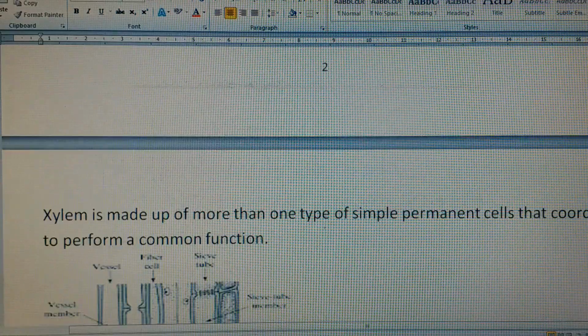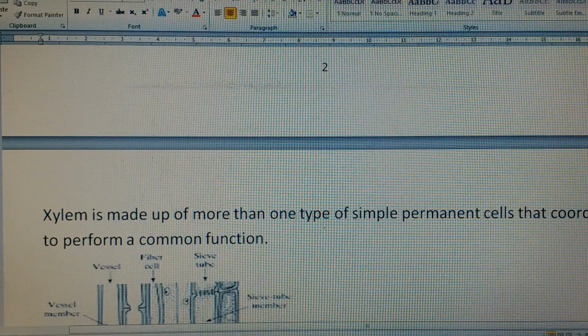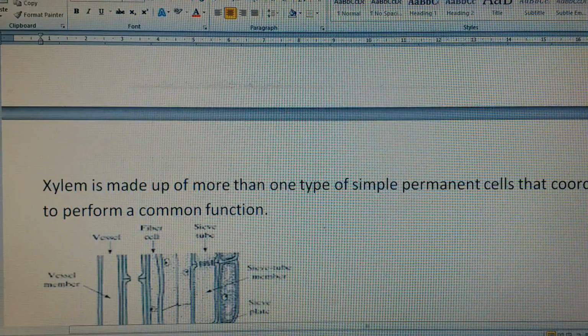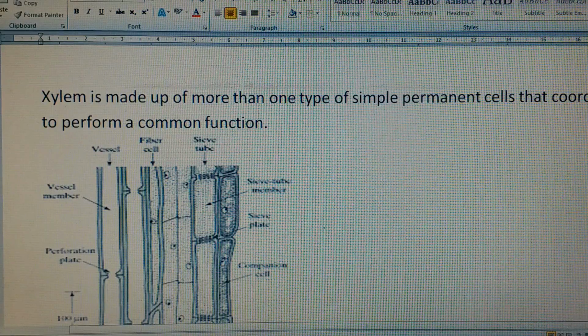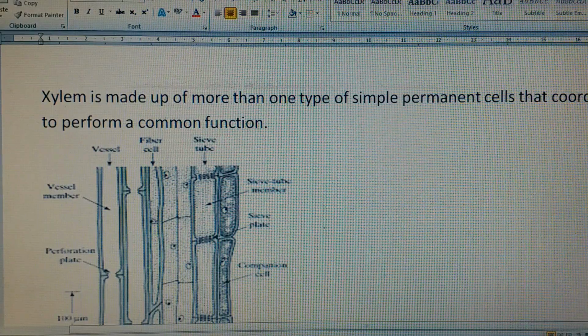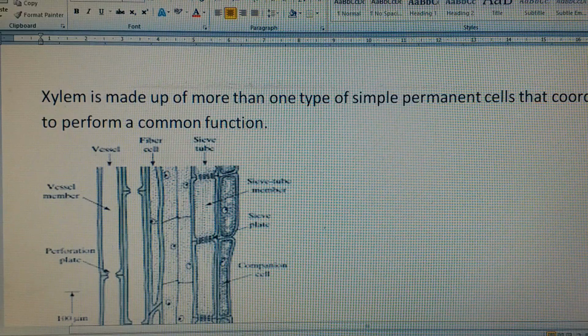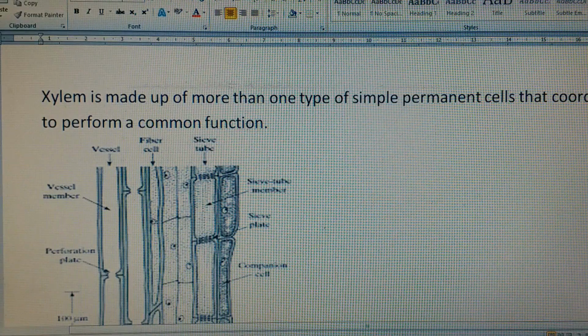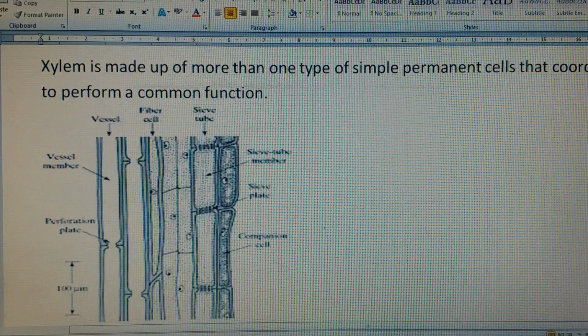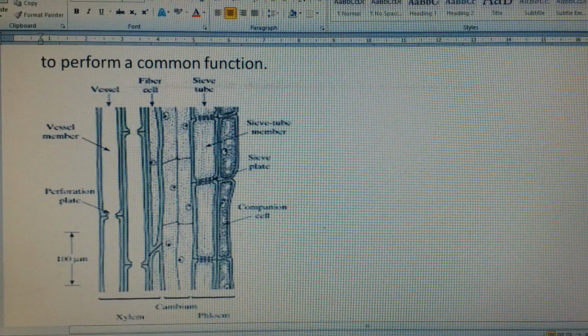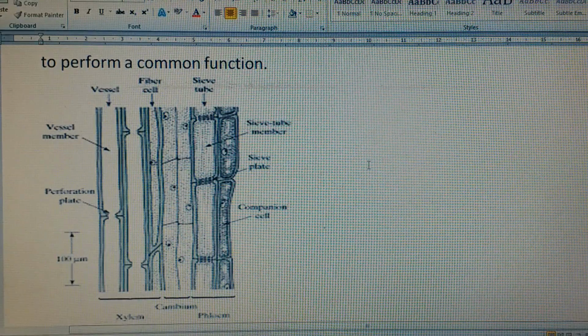Xylem is made up of more than one type of cell, as we have discussed earlier in this session. They are made up of simple permanent cells that coordinate to perform the common function. Common function means the transportation of water. So this is the structure of a xylem tissue.